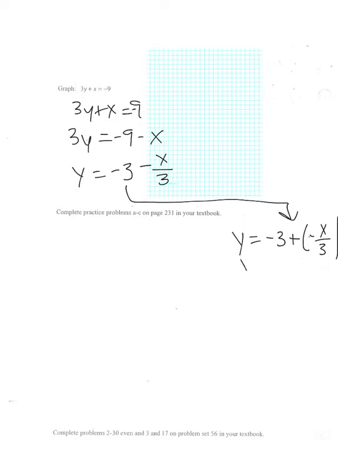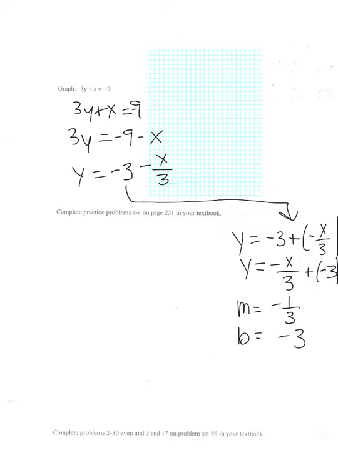And then I'll switch the order using the commutative property of addition. So I've got negative x over 3 plus negative 3. And hopefully what this makes really clear is that our m value is negative 1/3, and our b value, or y-intercept, is negative 3.